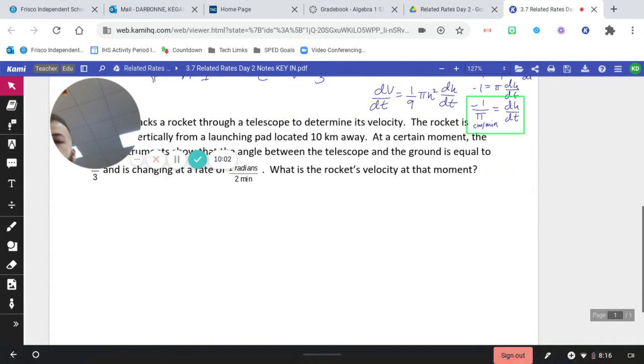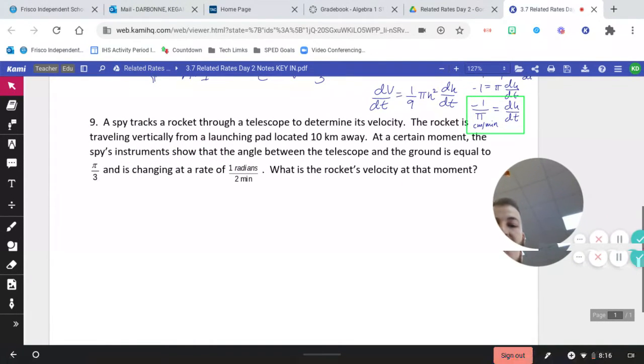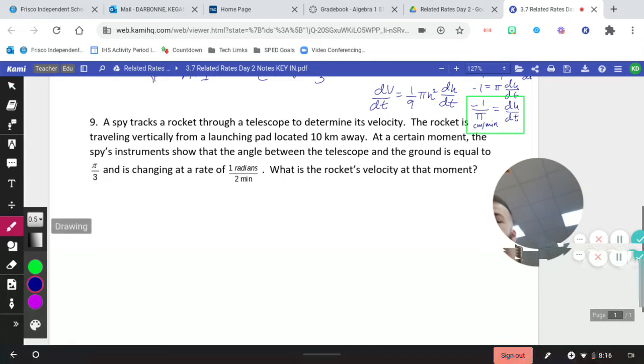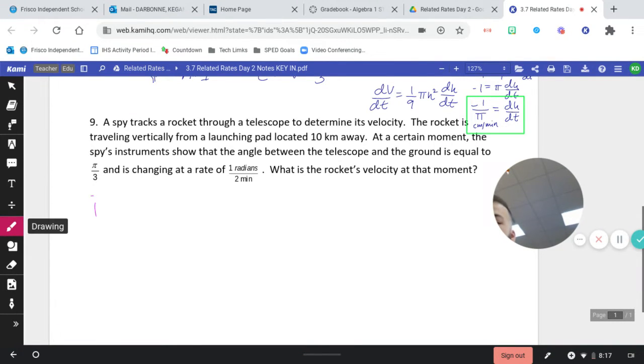So let's draw our picture of our nice little spy, our rocket, and our spy. So we got our spy. Let's say he's got like a telescope. Over here, we got our launching pad with our rocket.